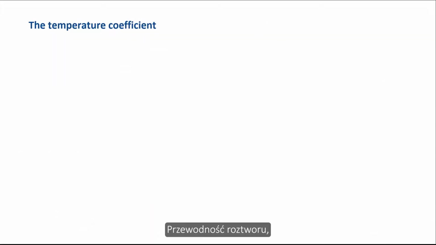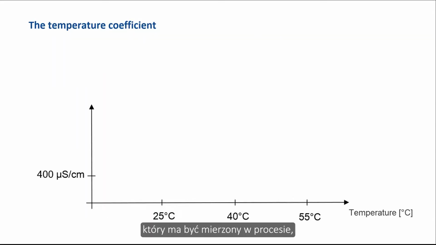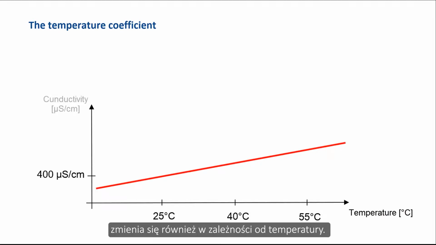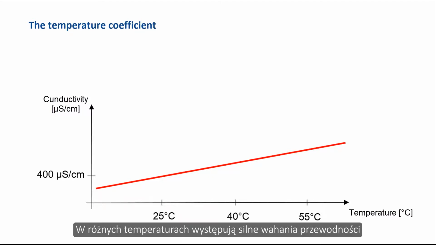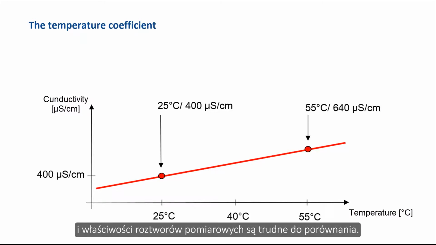The conductivity of the solution to be measured in the process also varies with the temperature. The present conductivity is the uncompensated conductivity. At different temperatures, there are strongly fluctuating conductivities, and the properties of the measuring solutions are difficult to compare.